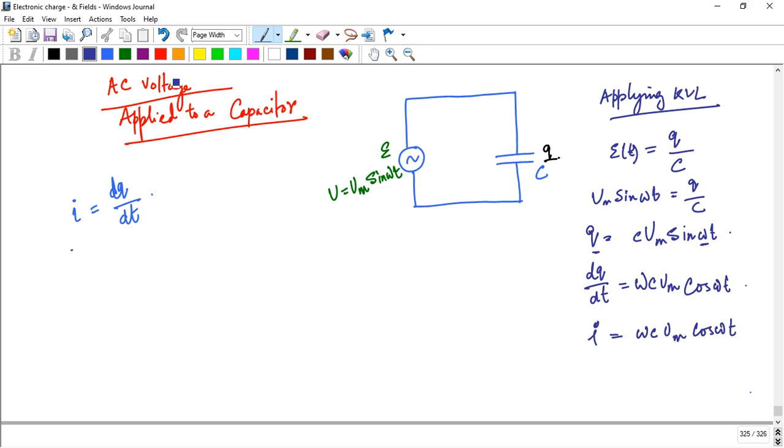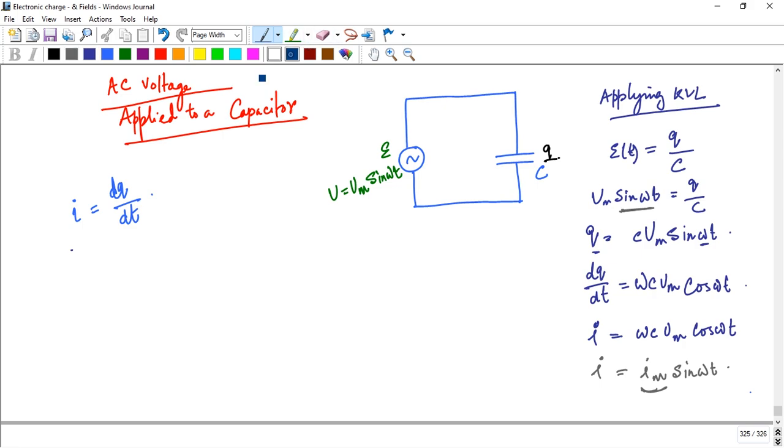Here we know the basic form of AC current, I equal to Im sin omega t, since we input Vm sin omega t. So the cos here must be converted to sin. If I compare these two equations, Im equals omega C Vm.